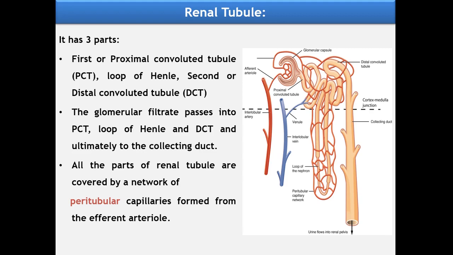The renal vein brings out the deoxygenated blood, which is free from waste materials, because waste materials are already filtered in the nephrons of the kidney, and it passes it to the inferior vena cava. This is all about the internal structure of kidney.